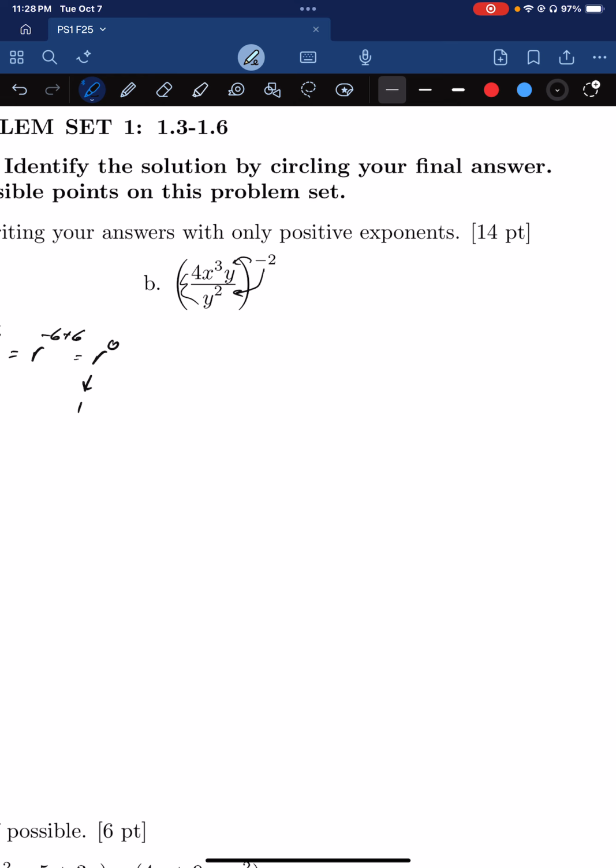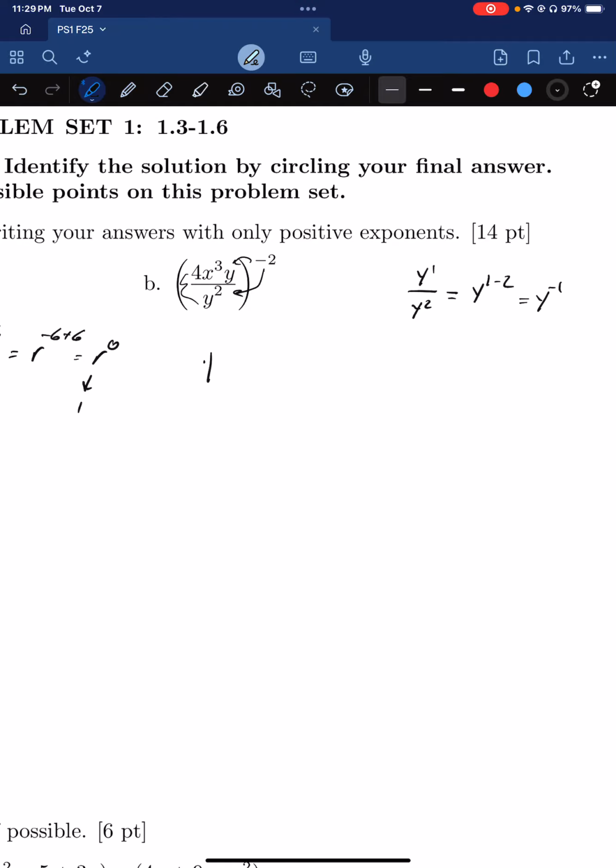When we have y over y squared, one of our exponent rules was that we subtract. So this is the same as y to the 1 minus 2 power, which is just y to the negative 1.